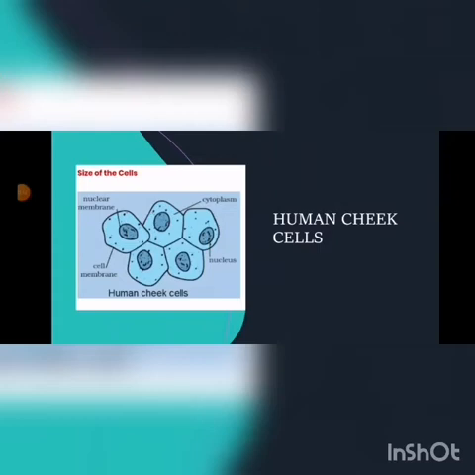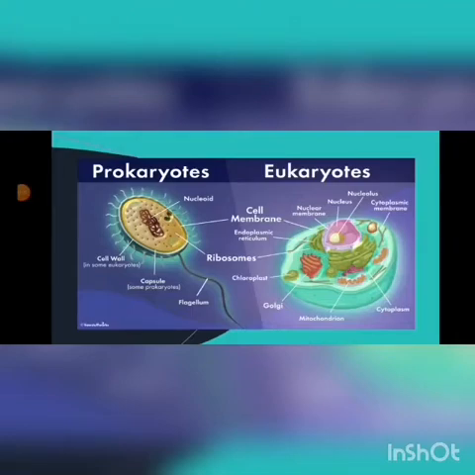Then, types of cells. There are two types of cells: one is prokaryotic cells, and the other is eukaryotic cells. First, prokaryotic cells: cells which do not have a well-defined nuclear membrane, and the nuclear material lies freely in the cytoplasm of the cell.